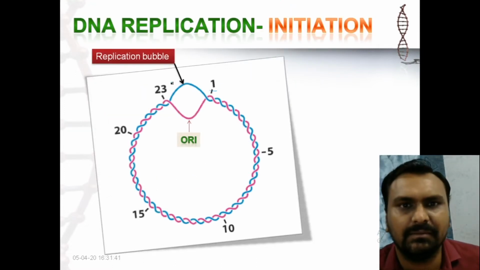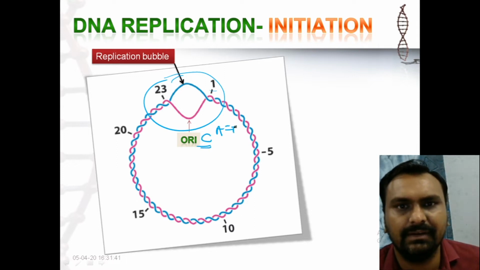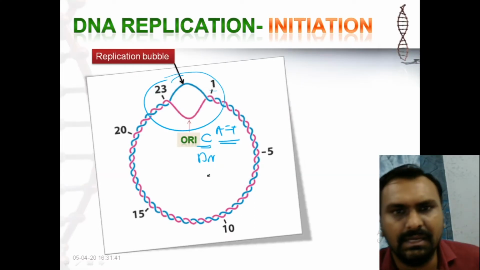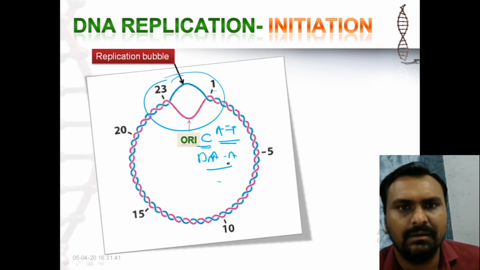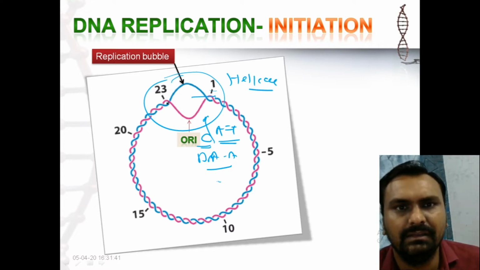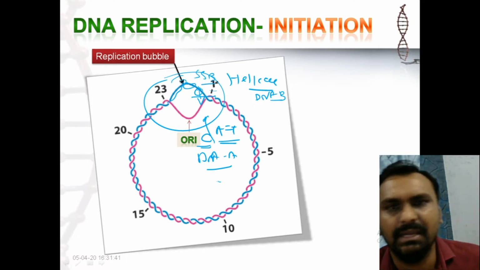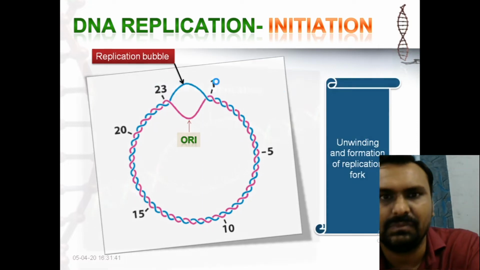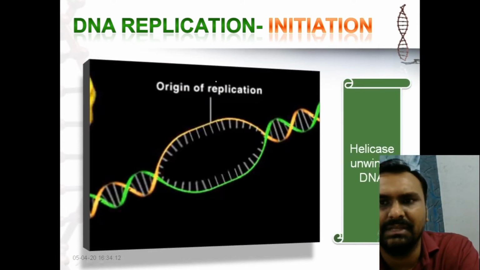So there is a replication bubble, and this OriC site, which is an AT rich sequence, is where this DnaA protein will bind, okay, and then the helicase enzyme, which is also called DnaB, will unwind the DNA strands, okay. Now they can join together again, but it is prevented by the single stranded binding protein, okay, so unwinding with the help of helicase.